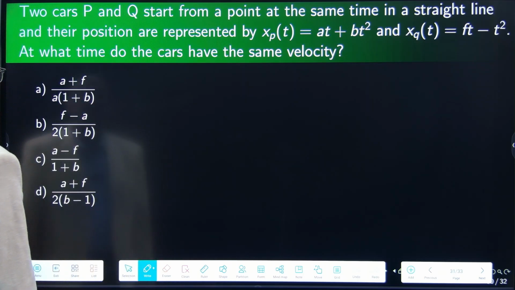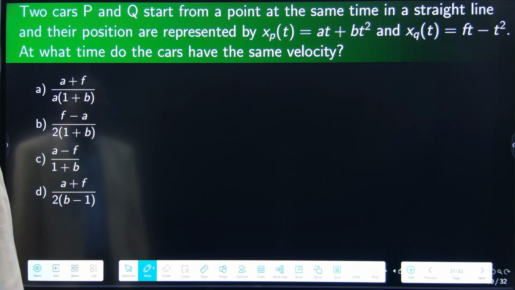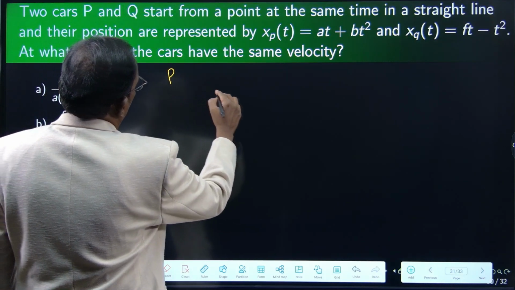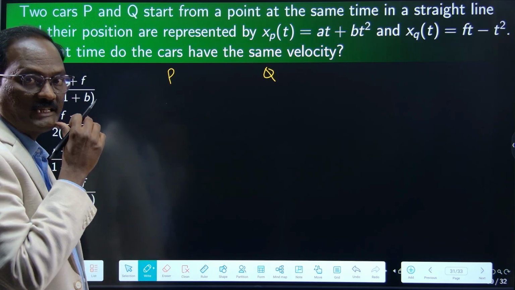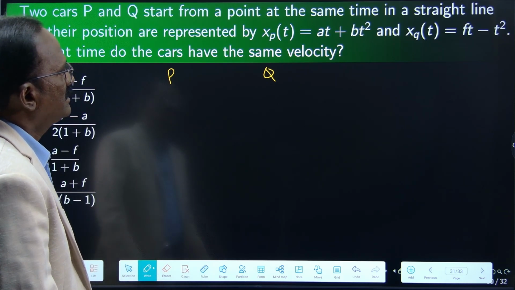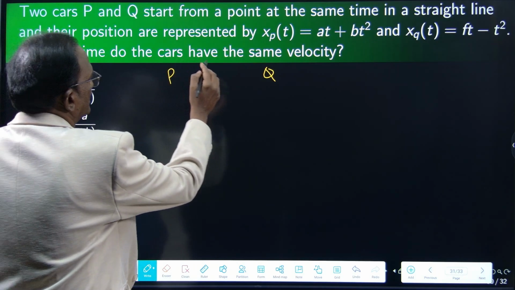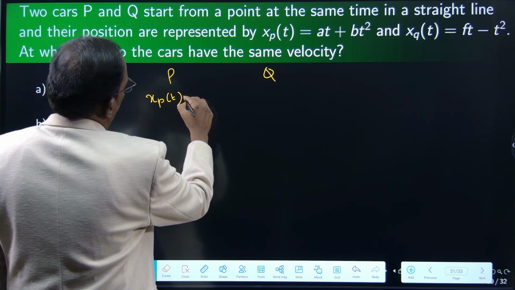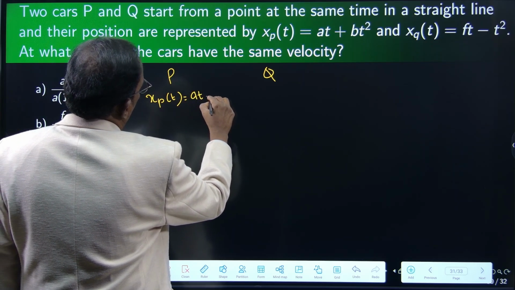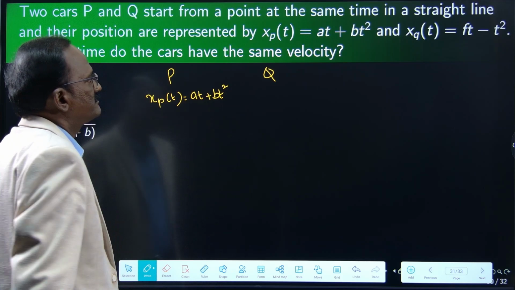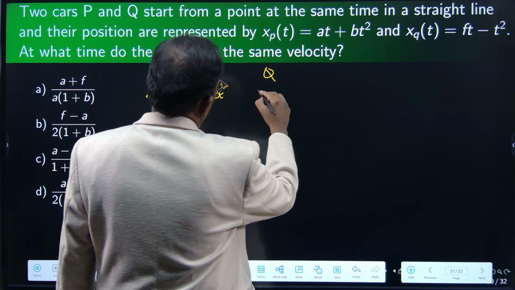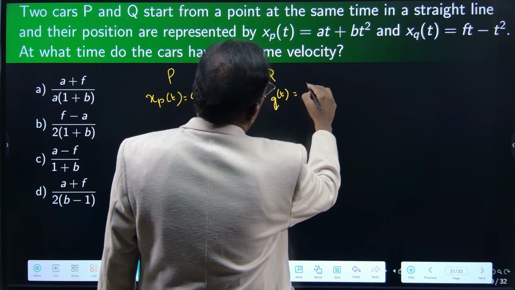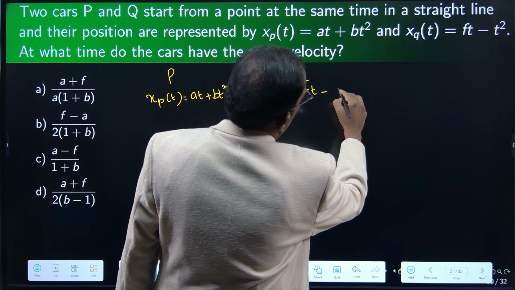Next problem. Two cars P and Q start from a point at the same time. Two cars, car P and car Q, start exactly at the same time in a straight line, and their positions are represented by x of p of t is equal to at plus bt square, and x of q of t is equal to ft minus t square.